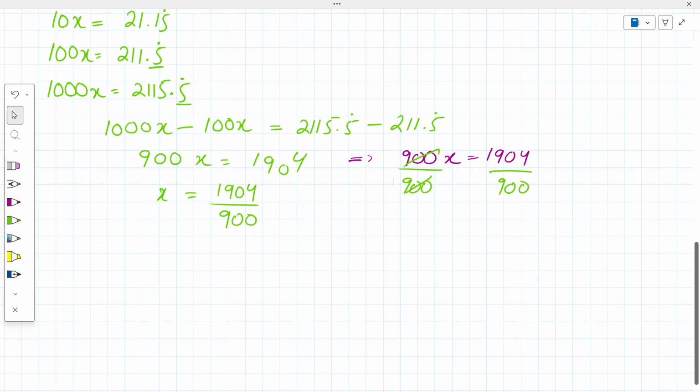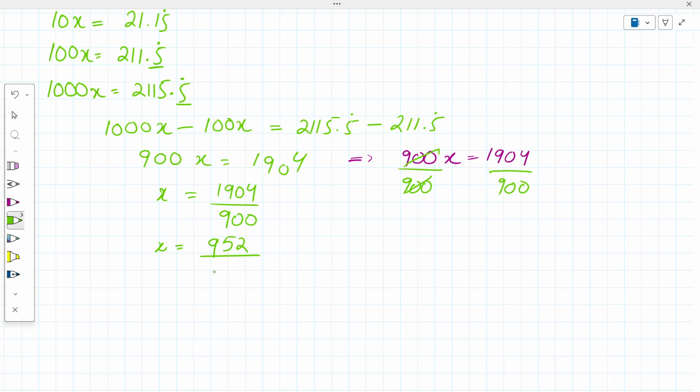Next, we have some simplification to do. The value is 1904 divided by 900.